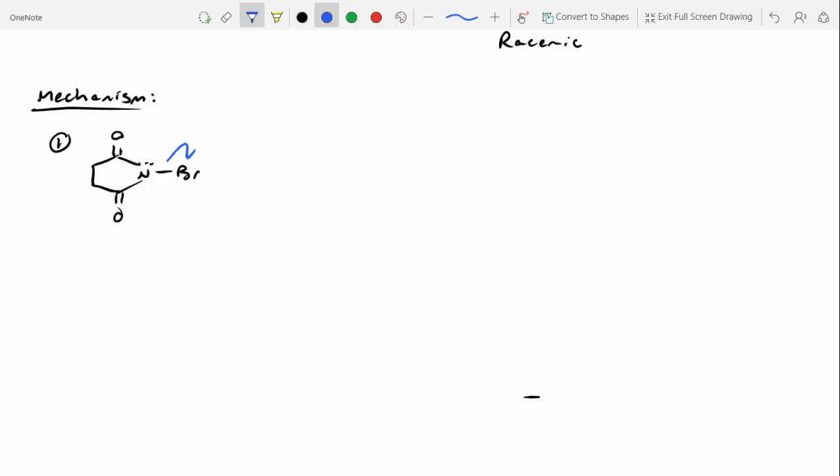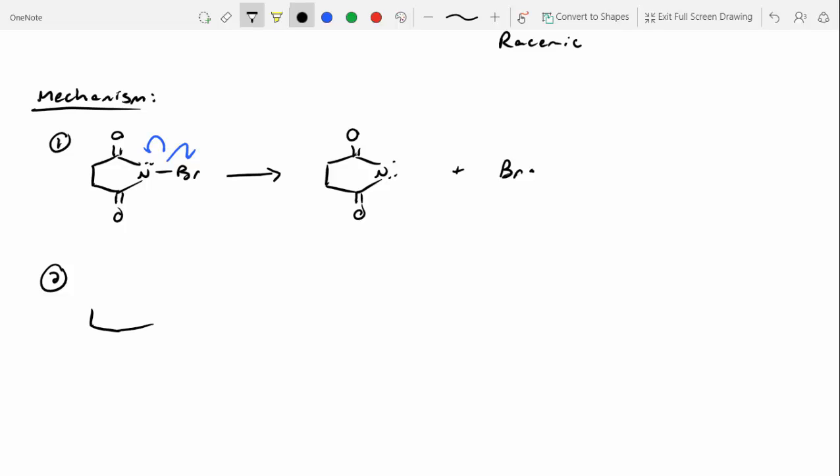We do a single-headed arrow. We can't use a double-headed arrow in this example because we're not moving both electrons. That means we end up forming our bromine radical, and the reaction's initiated.